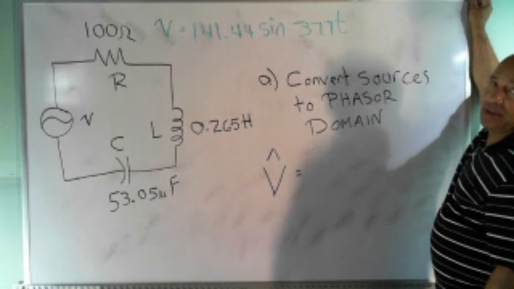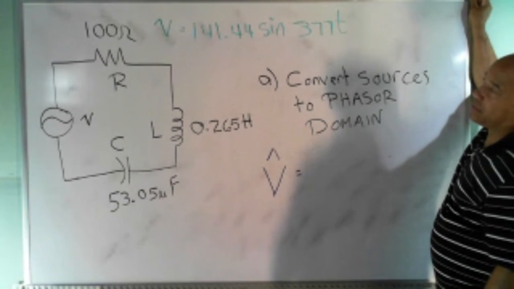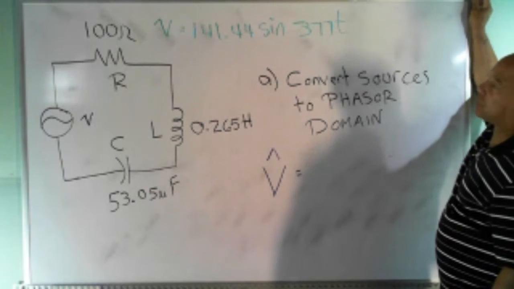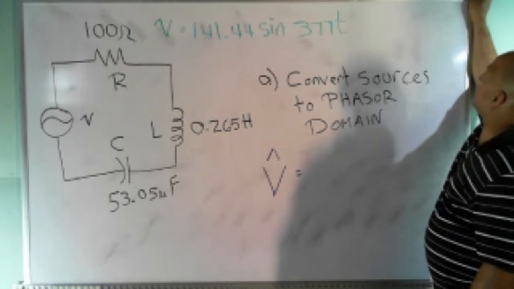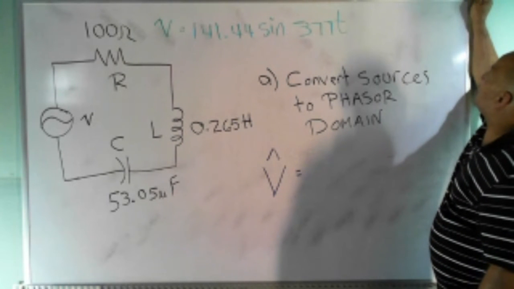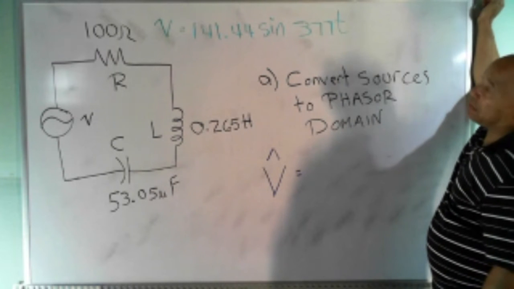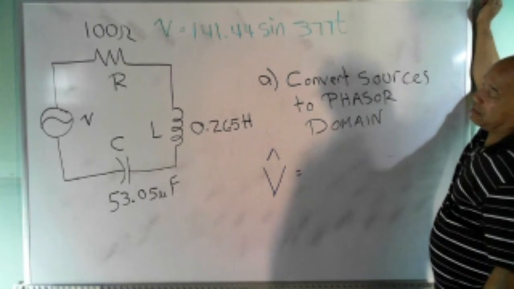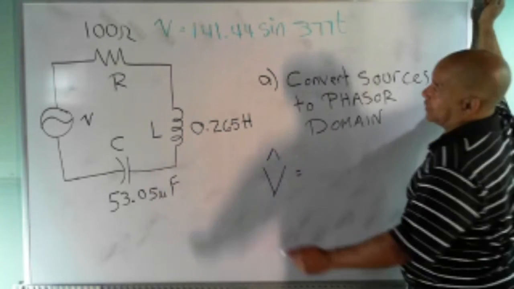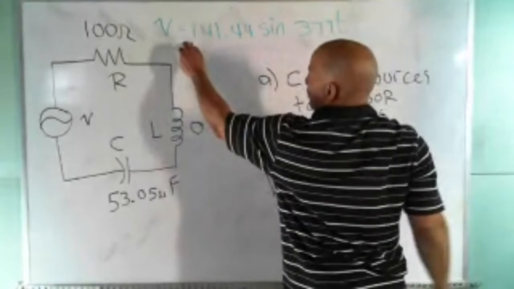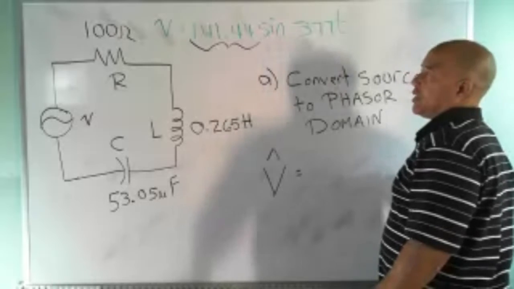We did 3 or 4 of these. How do you convert it to a phasor? To convert it, I take this, which is my peak value. Go ahead. What'd you get?